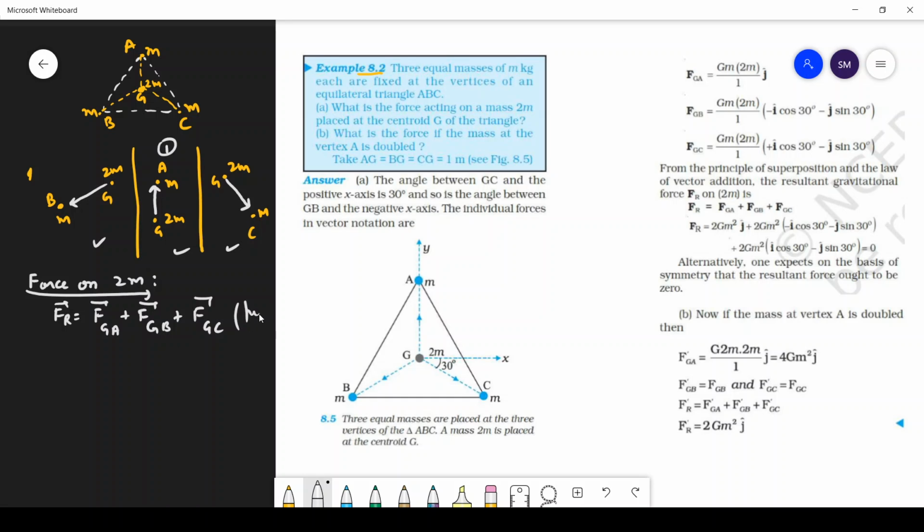We call this the principle of superposition.